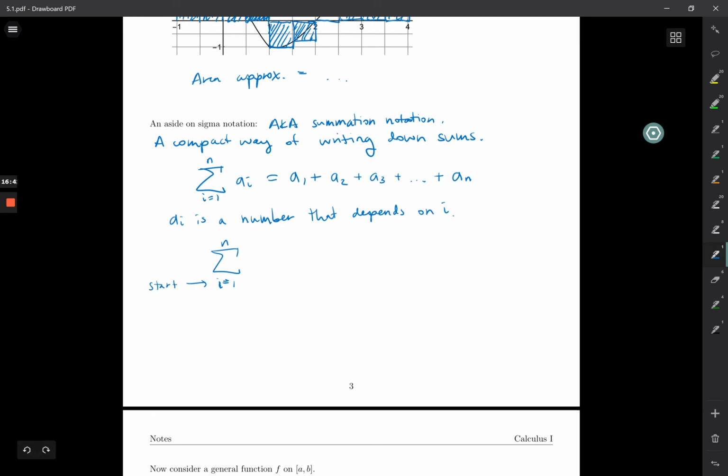So this means you start at 1 and you end at n, and the two of these together, the top and the bottom, these are called your bounds. So your bounds of your sum, okay? And remember that you always increase by 1. So I'll just put this off to the side. You always increase by 1 with each step. By 1.